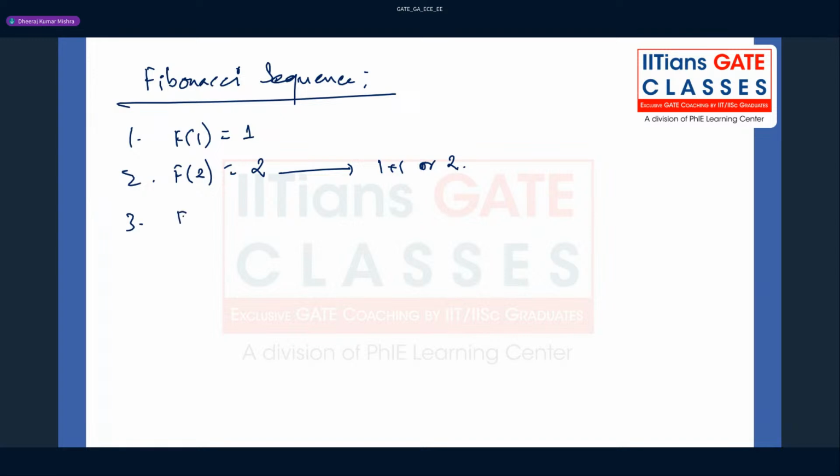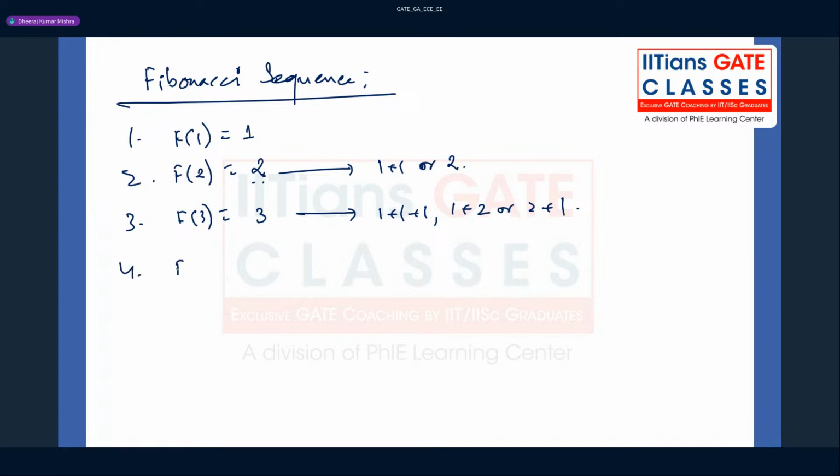The third is F3, which is 3: 1 plus 1 plus 1, or 1 plus 2, or 2 plus 1. Now you have to realize that F3 is the sum of the first and second, 1 plus 2.